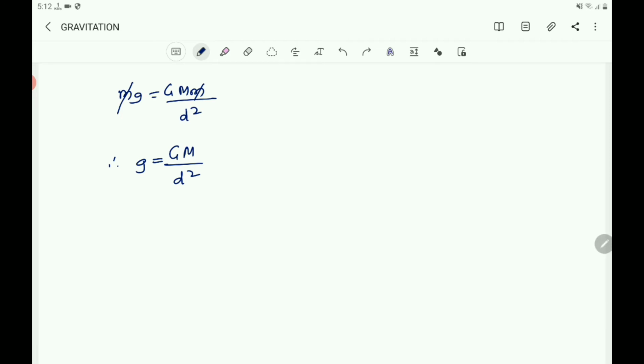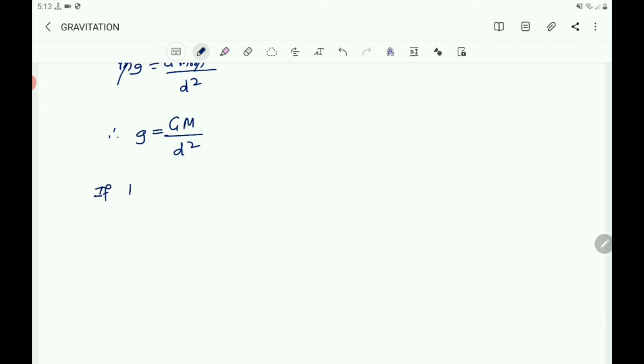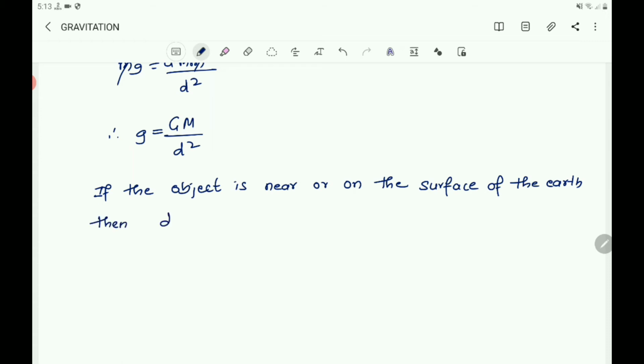So you write, if the object is near or on the surface of the earth, then d equals R, where R is the radius of the earth.